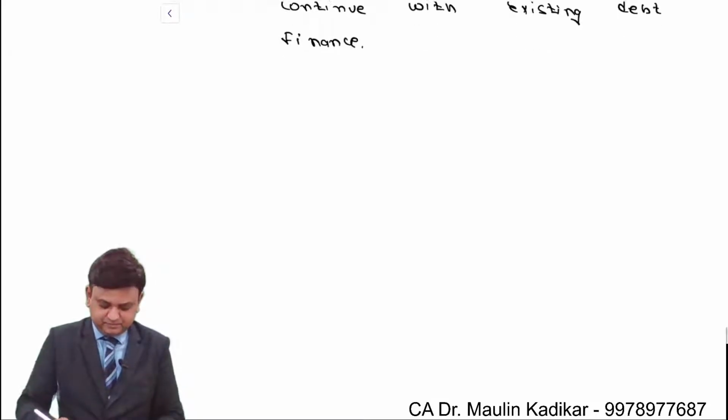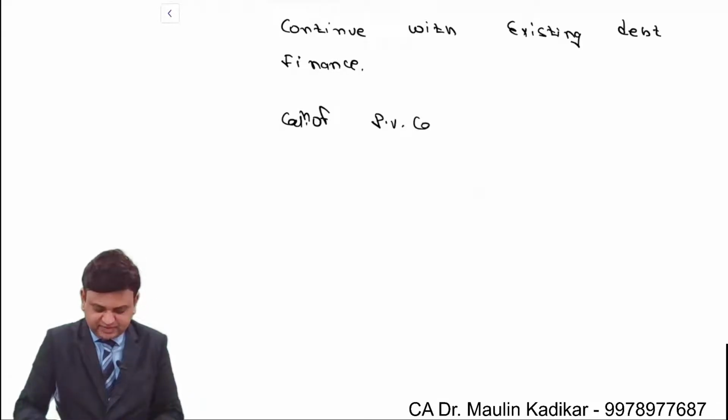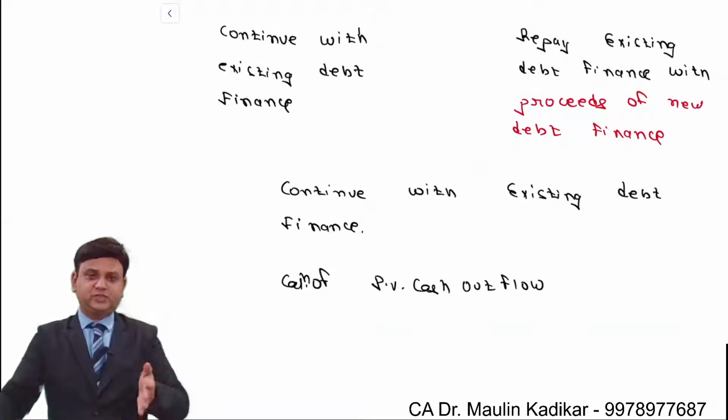Full stop. In the third step, calculation of present value of cash outflow. Try to calculate the present value of cash outflow for the first option on your own.